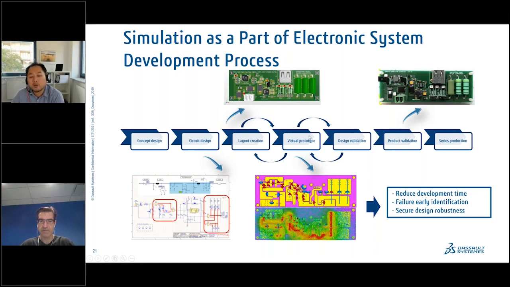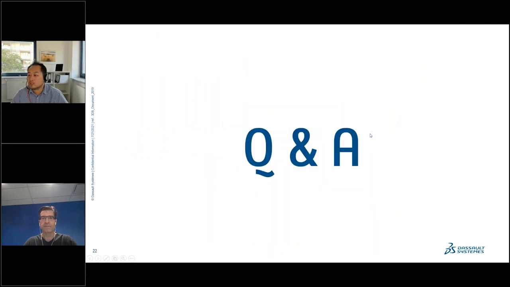And surely if you are going into the design validation where you have your first prototype, you can still do the modification in the simulation to see if there is a benefit or not. And then afterwards you move to the last part, the product validation, where in this case the design is already fixed. So that's it from my side.